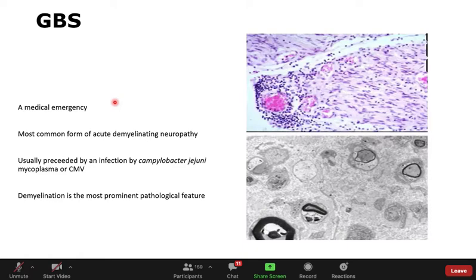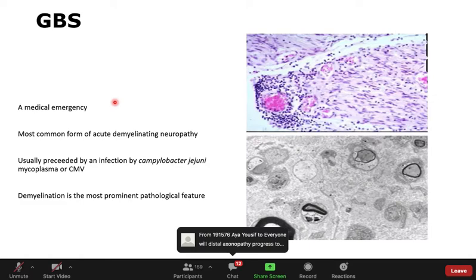But at the same time, the recovery will be complete because the Schwann cells are intact. There is nothing wrong with the Schwann cells. So they are able to make new myelin that is going to be put around the nerves, and the nerves will recover as a result of that. Not only will it be a complete recovery, but also a quick recovery.